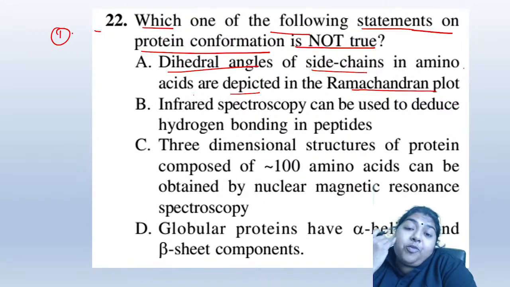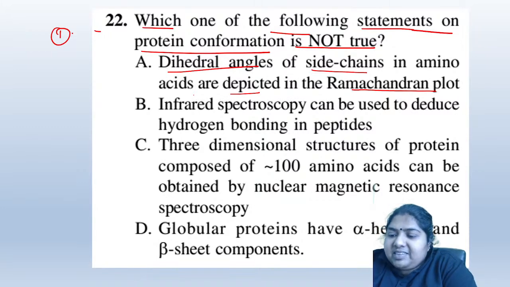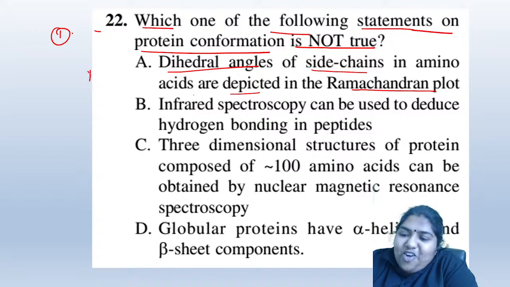What about the first option? Will you call it a true statement, or will you think that it is a false statement? Yes, it is going to be a false statement.